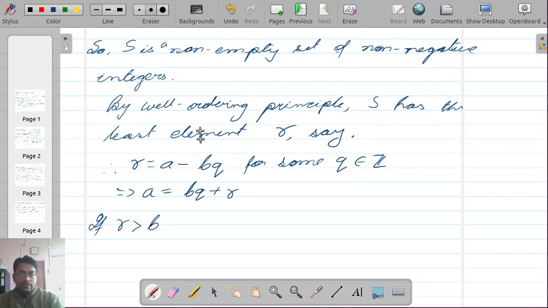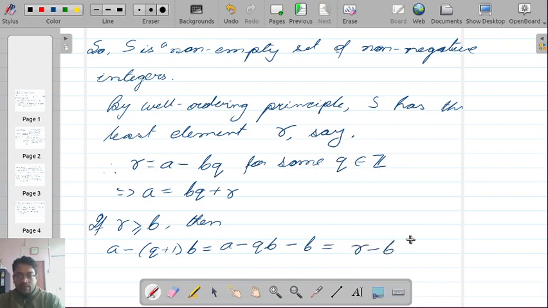Let us consider this integer, A minus Q plus 1 into B. This is A minus QB minus B. If R is greater than or equal to B, then A minus Q plus 1 into B is A minus QB minus B. A minus BQ is already R, so this is R minus B. R is greater than or equal to B, so R minus B is greater than or equal to 0, right.